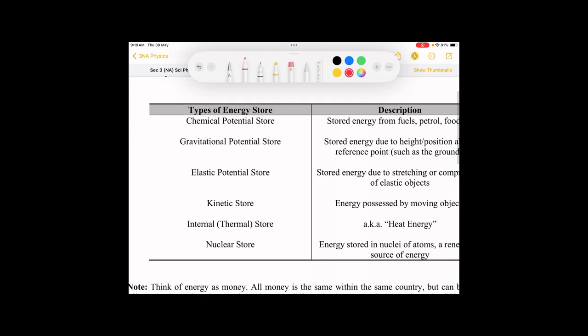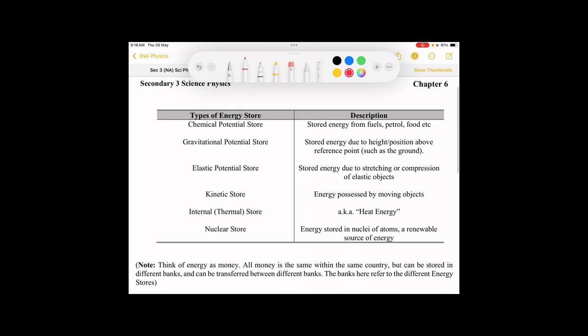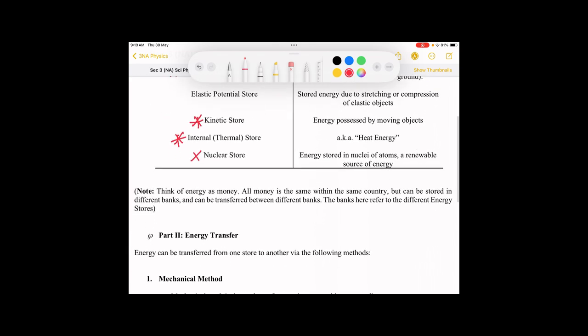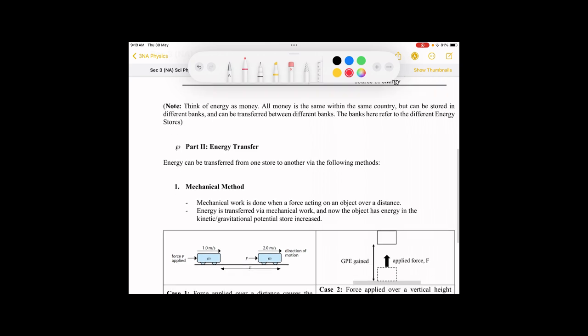Now, all the different energy stores that we need to know. The nuclear store is hardly seen in questions because it's really complicated, pretty advanced physics. The more important ones are our GP store, our kinetic store, and our internal store, because there are whole chapters dedicated to these.